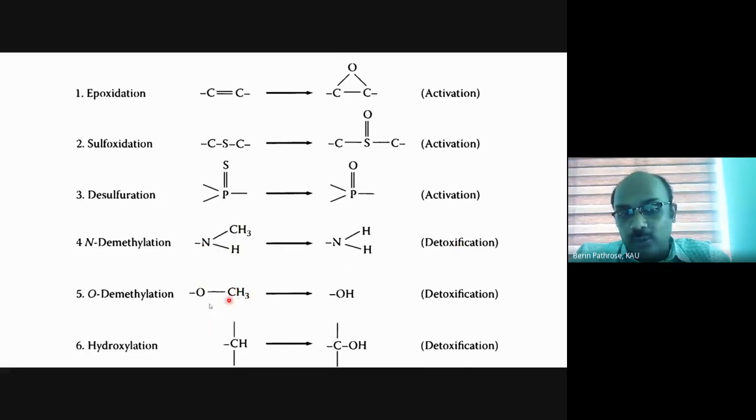Removal of alkyl group from oxygen atom will lead to detoxification. Then comes hydroxylation, that means addition of hydroxyl group. It is nothing but a detoxification reaction. This is in summary. Earlier I had given examples with pesticides. So are you clear?